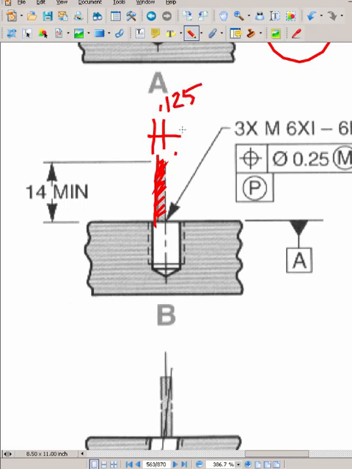The other half would be the other 0.125, and therefore we would be a total of, if it were there, 0.25. Okay? That's what the projected zone is. It's just a zone, usually a diameter value, to establish a certain width based off another feature. Okay?